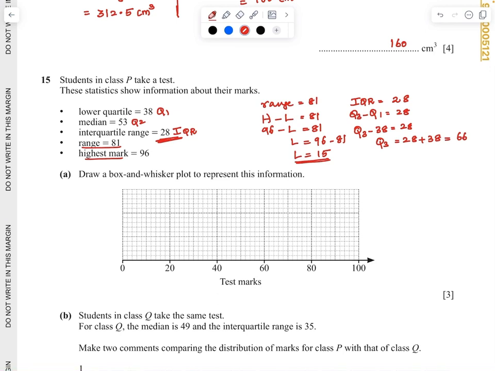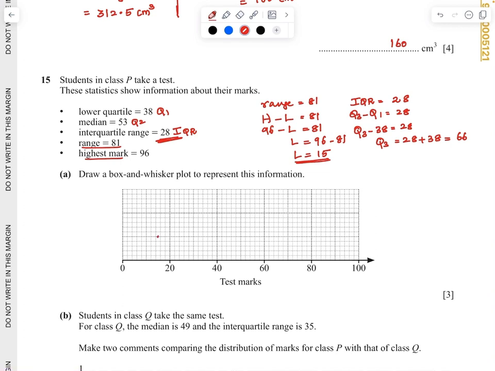Now that we have all the parameters, we can start plotting. Before plotting, take a look at the scale given in the graph. The lowest mark is 15. This is 10, 12, 14, 15.